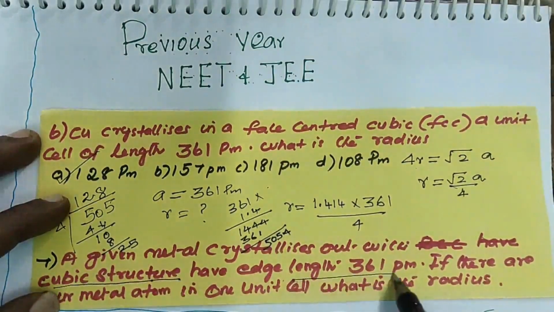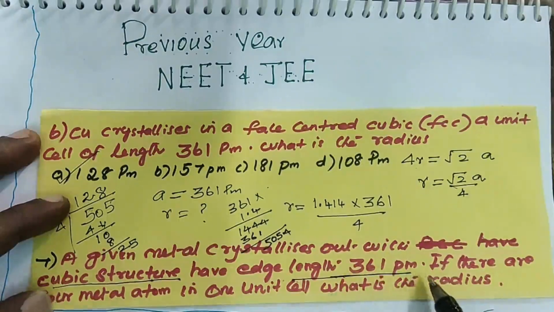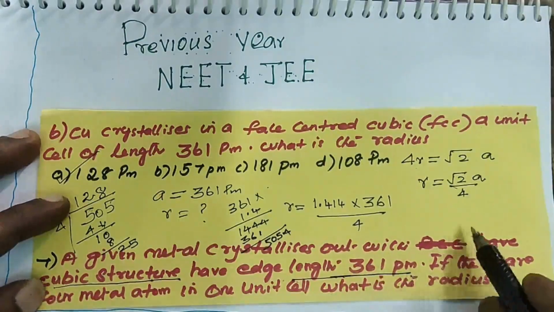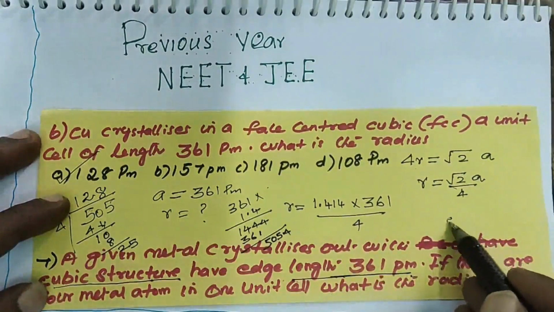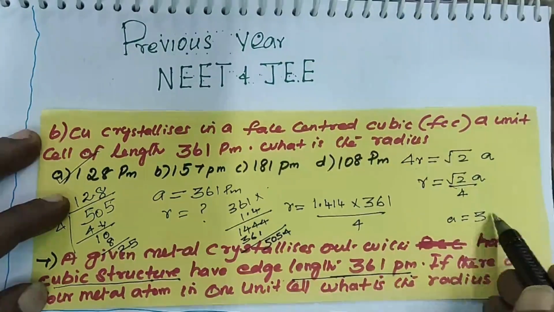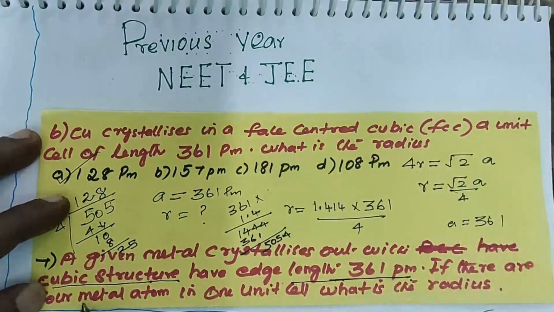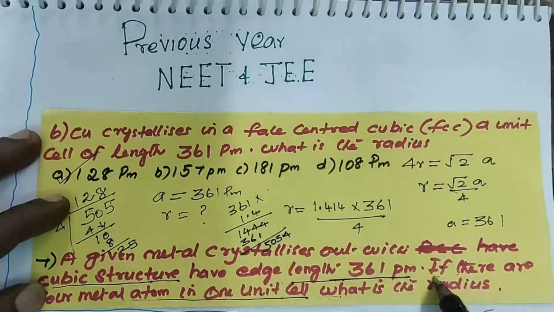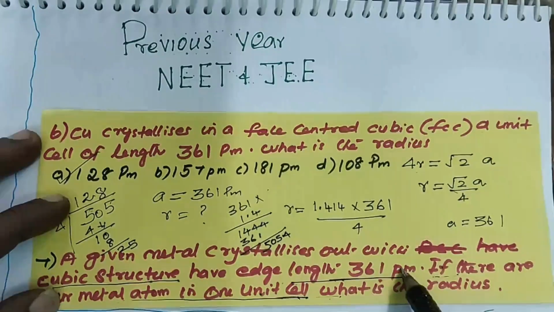If there are 4 metal atoms in one unit cell, then instead of giving the type of crystal, 4 metal atoms in one unit cell means FCC.